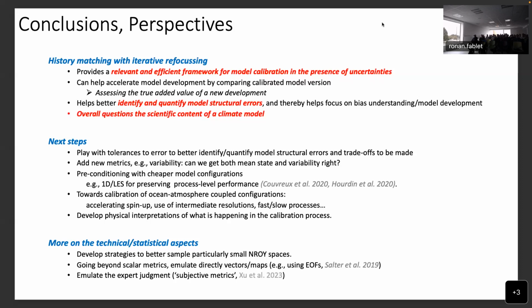So we need methods to accelerate spin-up, possibly use intermediate resolution and transfer knowledge between these resolutions, and so on. And more on the physical side, we need to develop a physical interpretation of what is really going on during the calibration process.